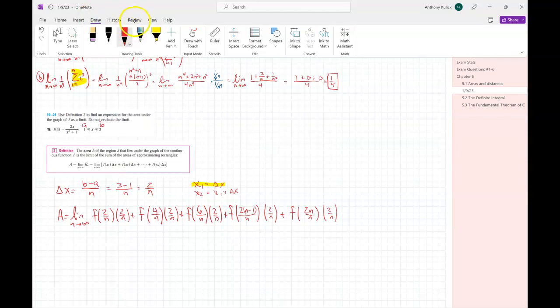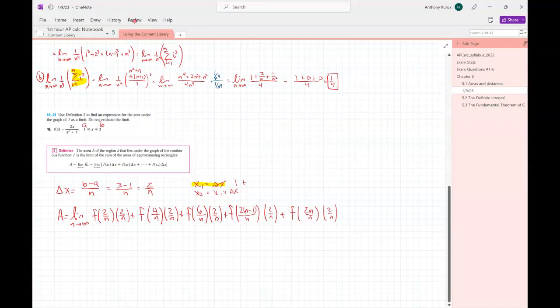Yeah, it's between 1 and 3. So what should I have here? Should be 1 plus delta x. So I need a 1 plus on all of these.